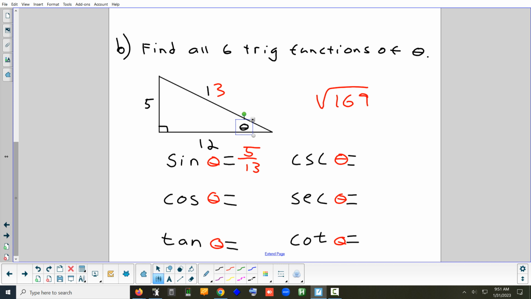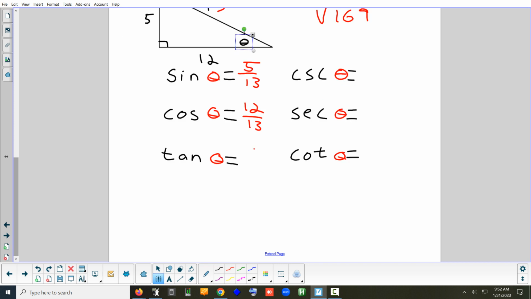That's gonna be 12 over 13. Yep, 12 over 13. And Aiden, what's my tangent going to be? Yep, good. 5 over 12.